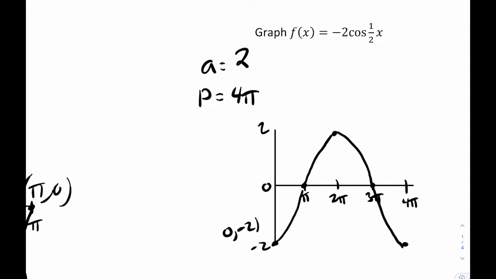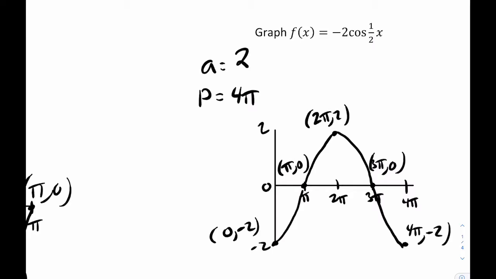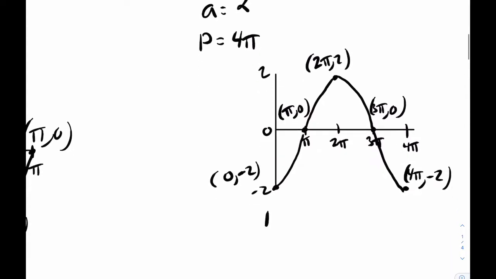Let's label 0, -2, pi 0, 2 pi 2, 3 pi 0, 4 pi -2, and there it is. We can put domain and range right below. Domain is everything, and the range is -2 to 2.